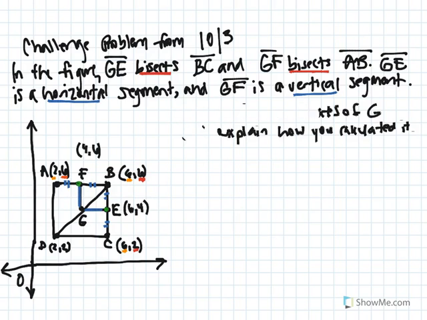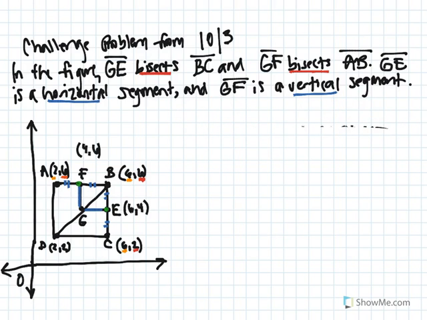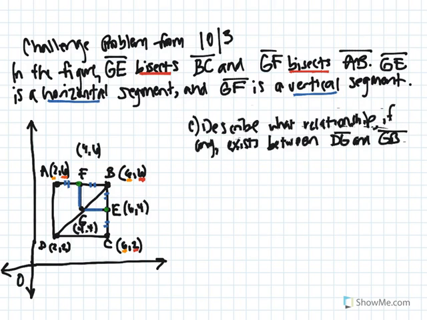Okay, so now we are going to move on to part C. And that part says, describe what relationship, if any, exists between DG and GB. Okay, well, let's see where they are. DG is right here, and then GB is right here. Let's see.